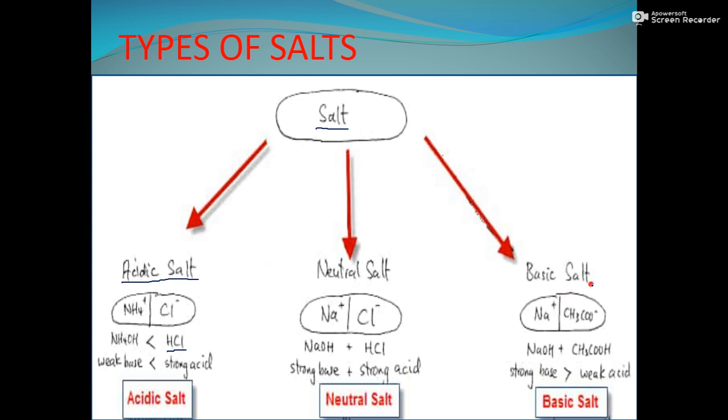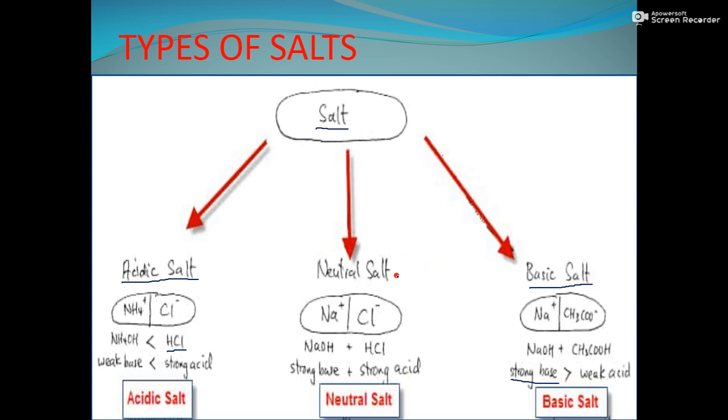You can take the example of basic salt, in which we use a strong base. And because the base was strong, the property of the salt will be shown of the base type. So the type of the salt is basic salt.